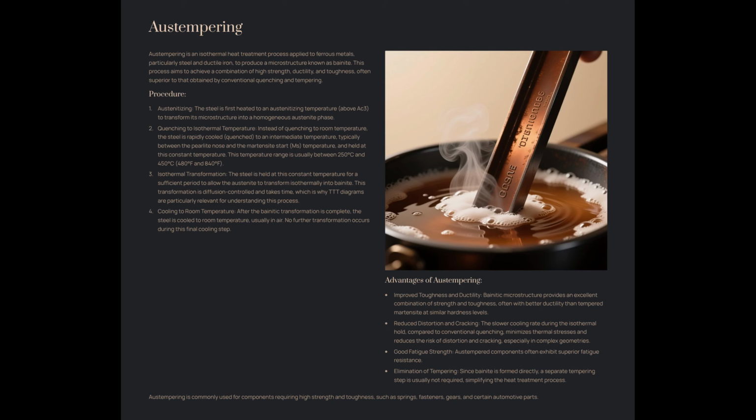Procedure: austenitizing. The steel is first heated to its austenitizing temperature to transform its microstructure into homogeneous austenite. Interrupted quench. Instead of quenching directly to room temperature, the steel is rapidly quenched into a molten salt bath, hot oil, or molten lead bath, held at a temperature just above the martensite start temperature, Ms, but below the pearlite and bainite noses on the TTT diagram.